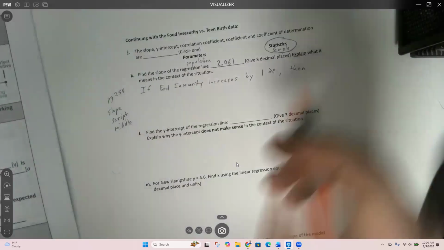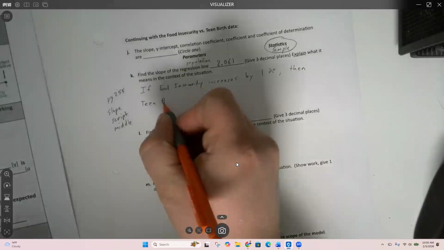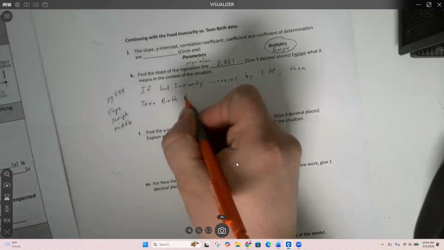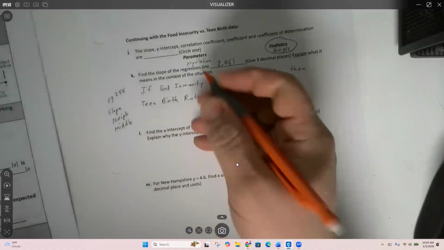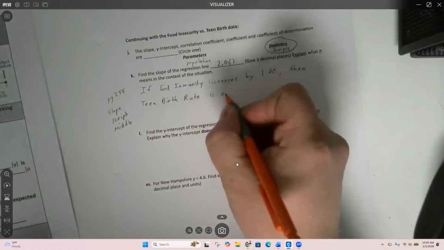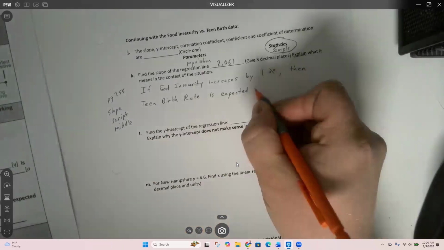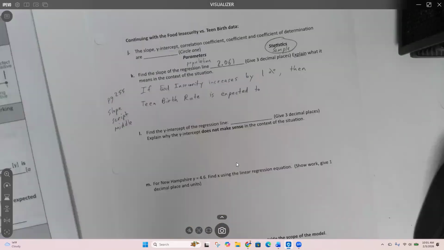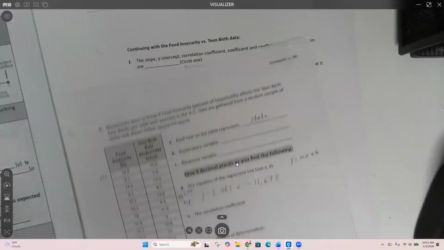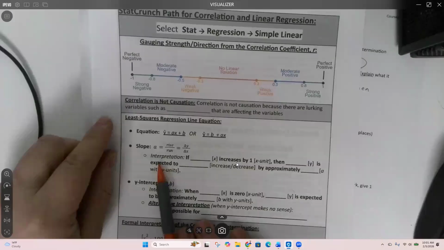Then y is expected to. Right, so I'm using this script right here.